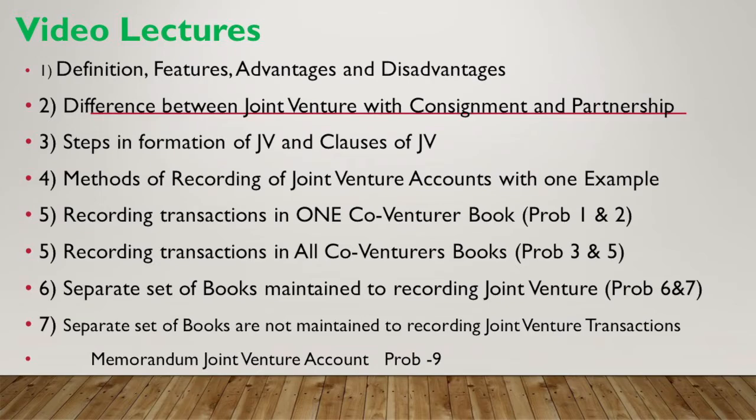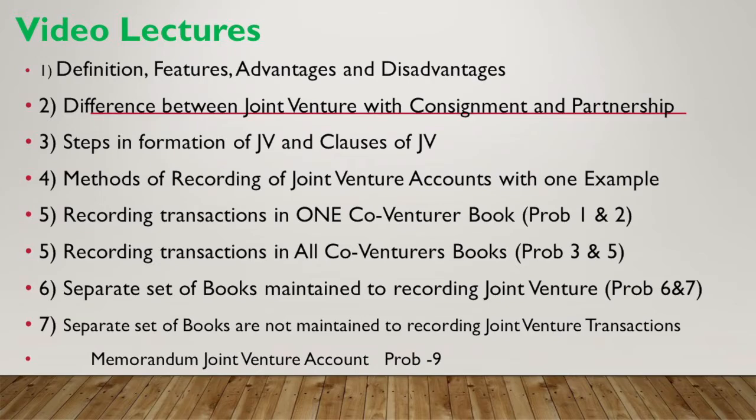Then the fifth video consists of textbook problems we will solve: problem number 1 and 2. Video 6 is the next method, all journal entries in all co-venturers' books: problem number 3 and 5. An important one is the 7th video, where a separate set of books is maintained to record the joint venture: problem number 6 and 7, and problem number 9.